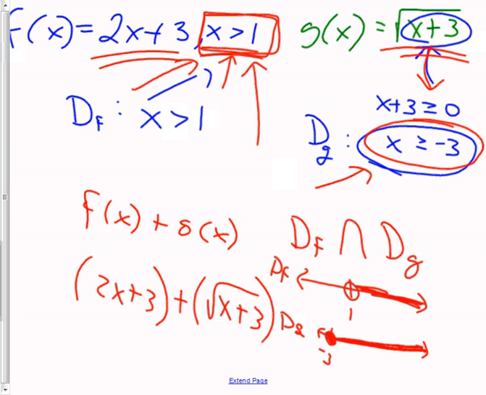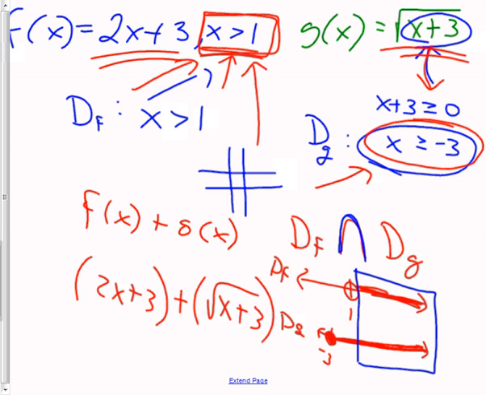Yes, sir. Yep. Because this is where they both work, and where they both work, that's where the child will work, where they overlap. Remember how intersect means overlap? The intersection of Highway 7 and Highway 101 is where they overlap. That's the intersection.